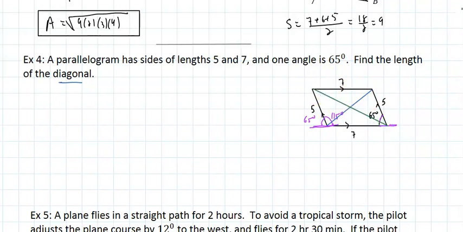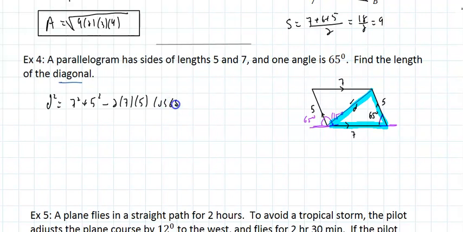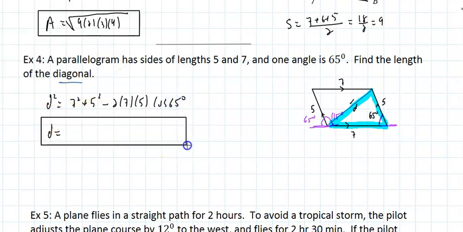If I look at this triangle, call it D, isn't D squared equal to 7 squared plus 5 squared minus 2 times 7 times 5 times the cosine of 65 degrees? And I could plug this in my calculator and figure out what that is.